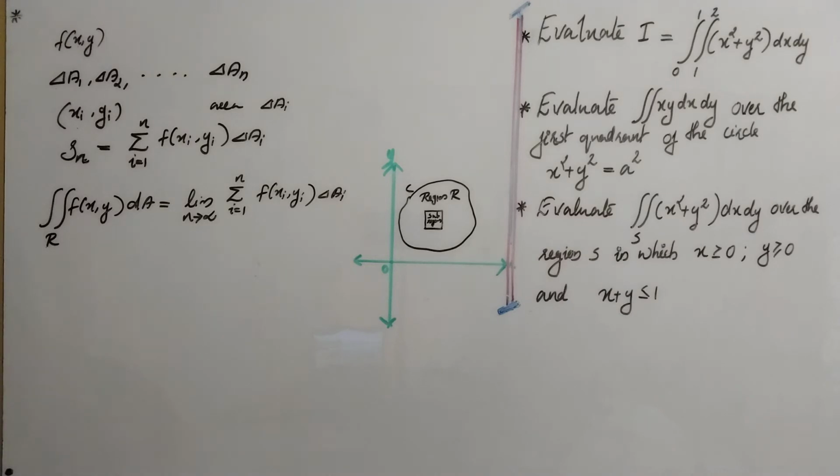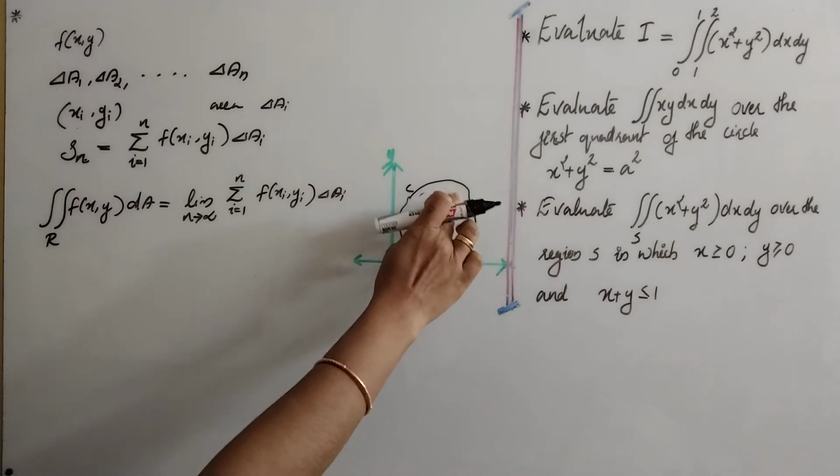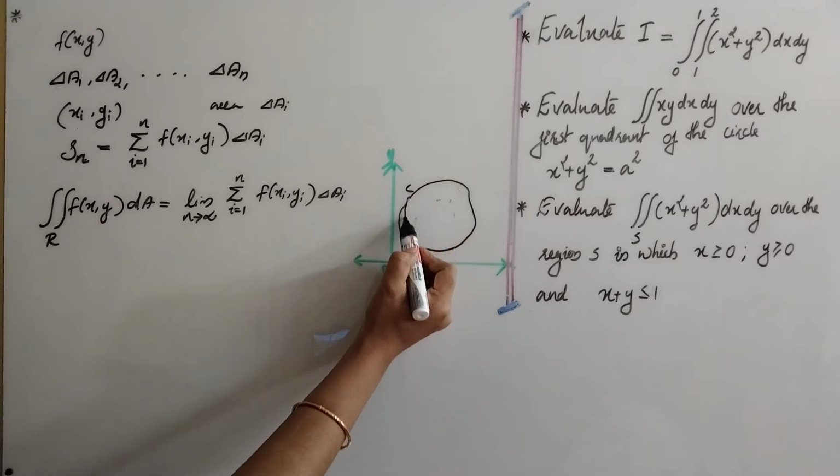In order to simplify the evaluation of the double integral, we can consider subregions Ri of R, and one common choice is the rectangular subregions or rectangular grids obtained by subdividing R by lines parallel to the coordinate axes, that is parallel to the x and y axis.